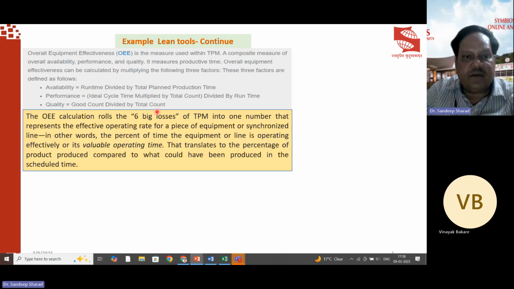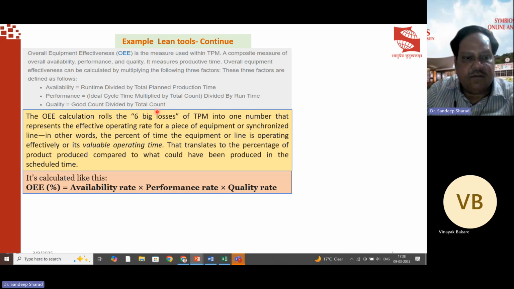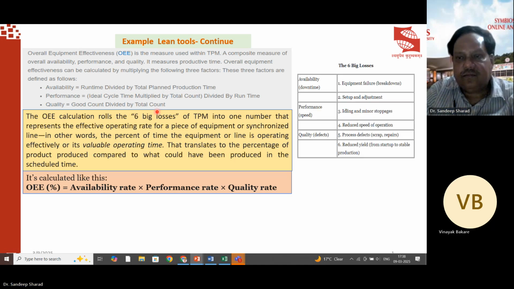So OEE calculation rolls the six big losses of TPM into one number that represents the effective operating rate for a piece of equipment or a synchronized line. In other words, the percentage of the time the equipment or the line is operating effectively, the valuable operating time. So we can calculate OEE from availability rate, performance rate, and quality rate.